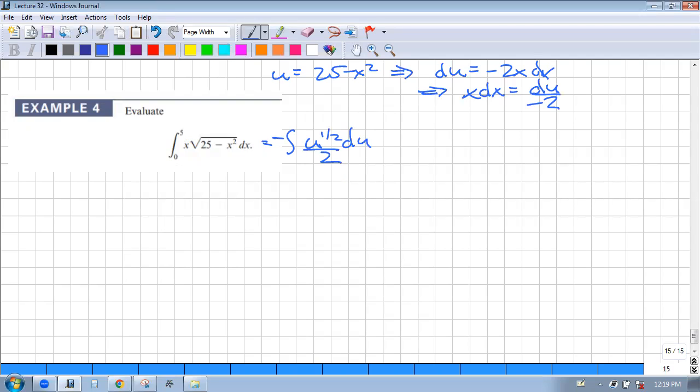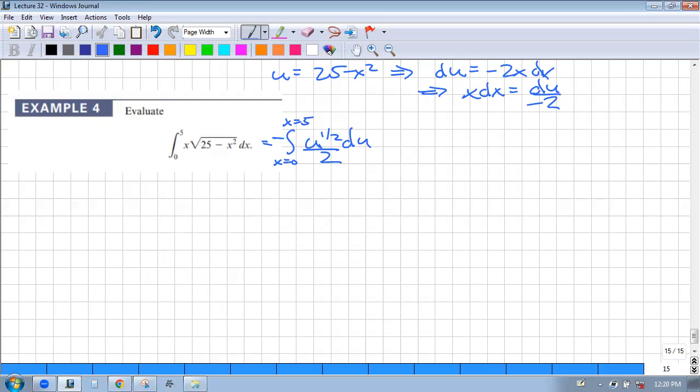All right. And now that I'm using u's here, I have to be careful. When x goes from 0 to 5, u is not going from 0 to 5. So to be technically correct, I'm going to put x equals 0 to x equals 5. If I just put 0 to 5, that would mean u is going from 0 to 5, but that's not the same thing.